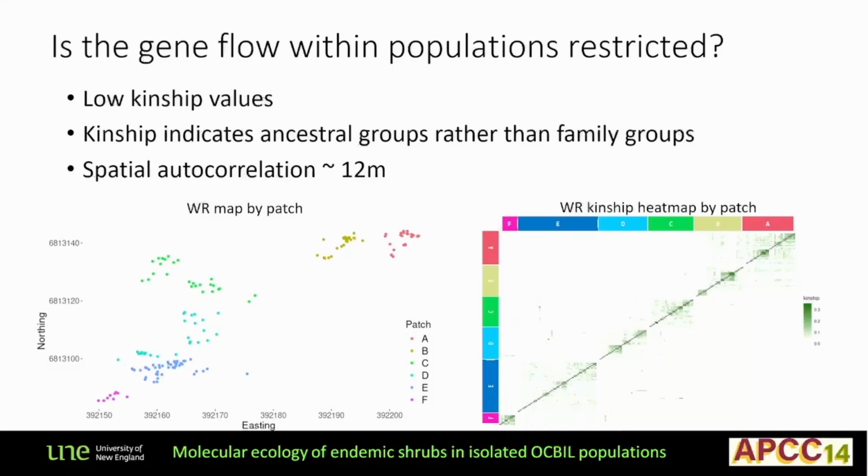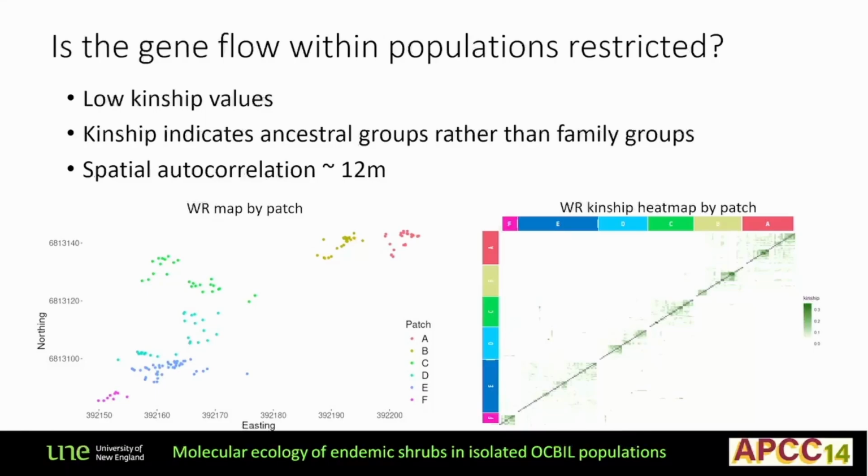The other thing is, if we look at the heat map probably in reverse order, we can see that for the patches A, B, C, D, E and F, as you get further away from patch A, which is the red one on the top right, to patch F, as you go across the heat map, and it's probably not showing up too well there, you're getting less and less kinship.